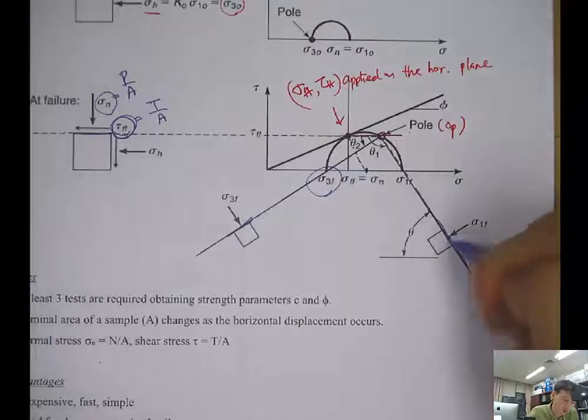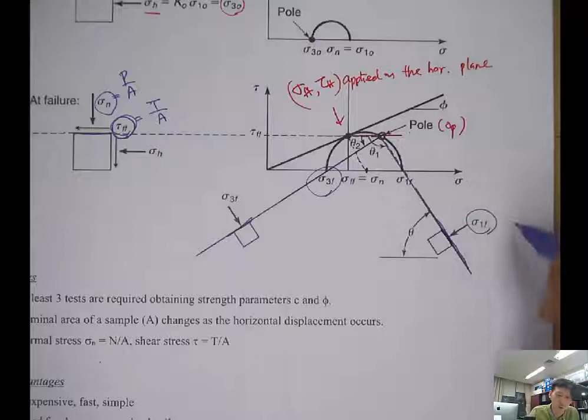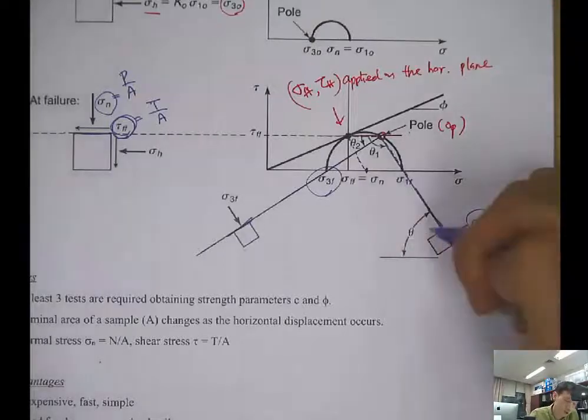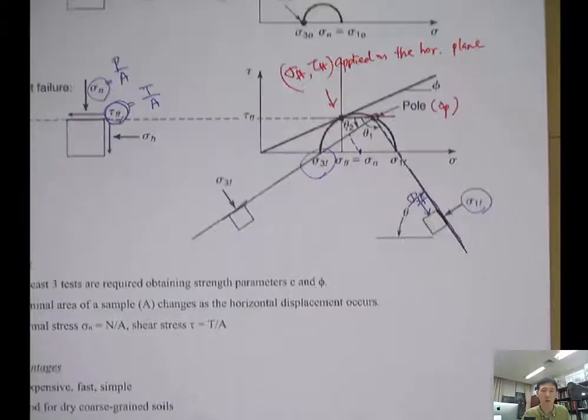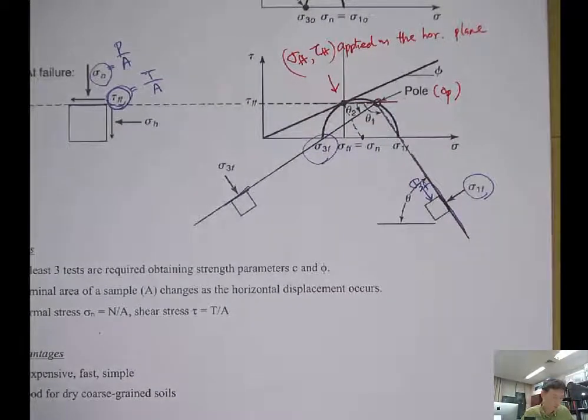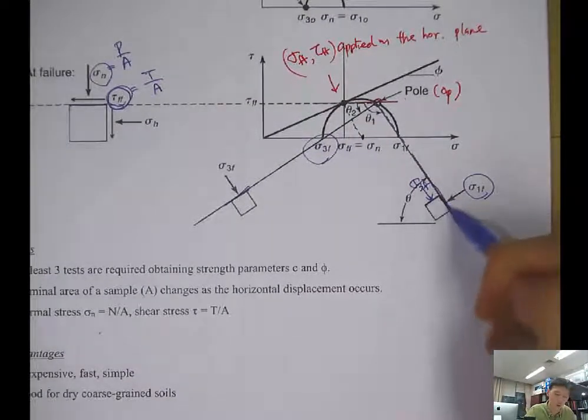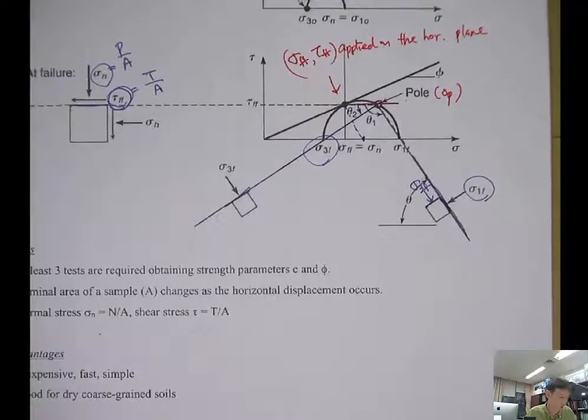So in this plane, you have sigma 1f acting as a normal stress, and in this plane, sigma 3f is acting as a normal stress. So in both planes, there's no shear stress by definition.